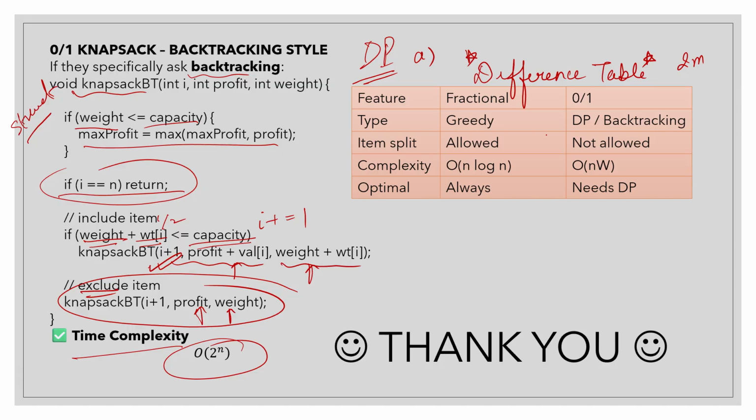Now, please listen to this question carefully. This type of question will be asked in your exams. You are doing an assignment and you have to complete n questions. The questions take either T1, T2, T3, and so on time and carry M1, M2, M3 marks.